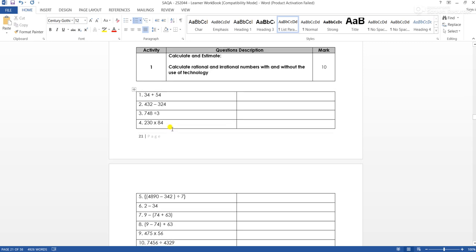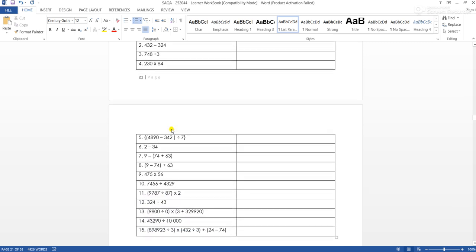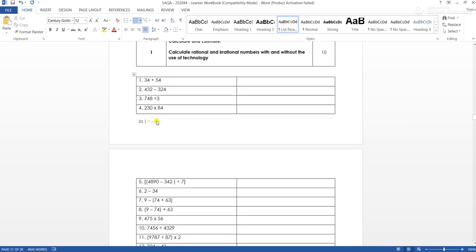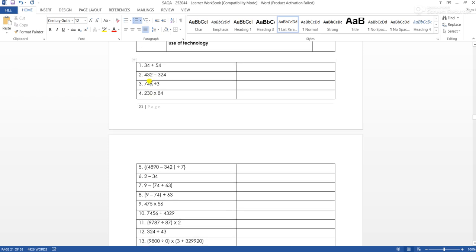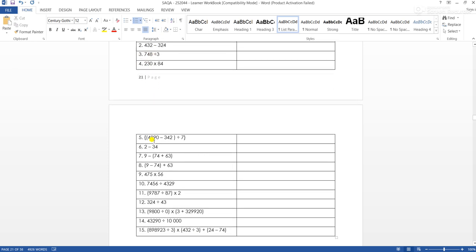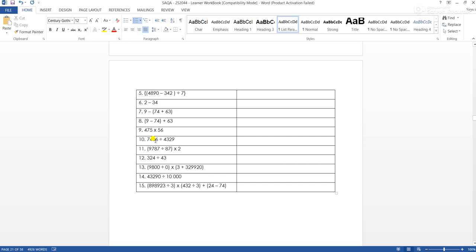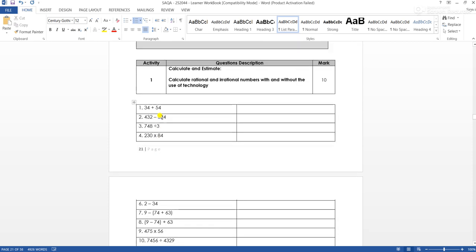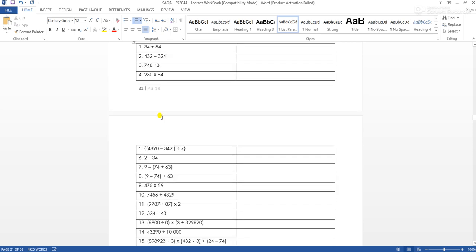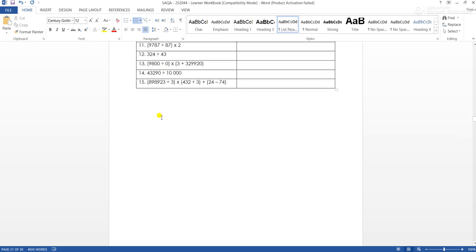You need to do addition and long division, as I've done in the previous exercise. Long division will actually help in terms of dividing. So these are the 15 questions that you need to answer for activity 1.